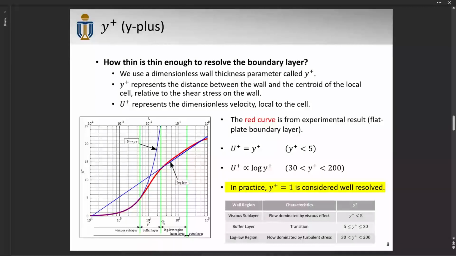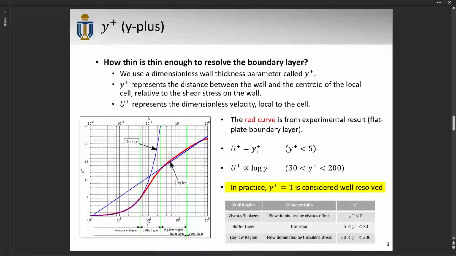And you can see that this is a log scale. So this is 0.1. This green line here, that's 5. So when you're between 0 and 5 for your y plus value, it turns out that the u plus is actually very well aligned with y plus. So we have a linear relationship between u plus and y plus.